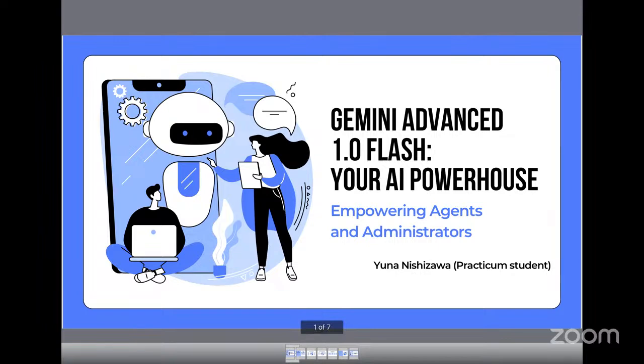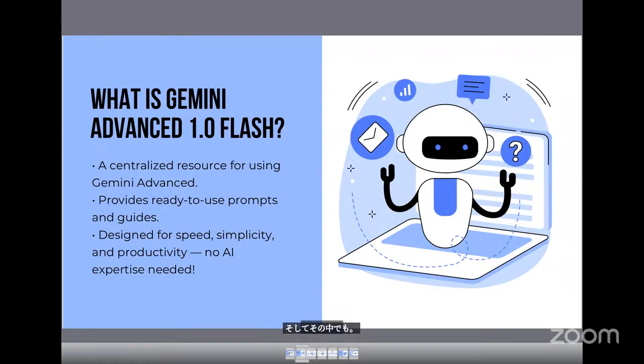So first, what is Gemini Advanced 1.0 Flash? This is a centralized resource that helps you unlock the full potential of Gemini AI.